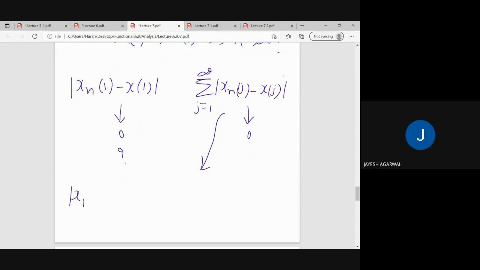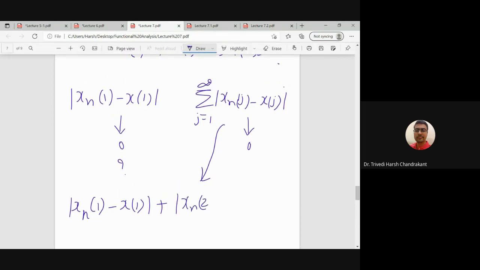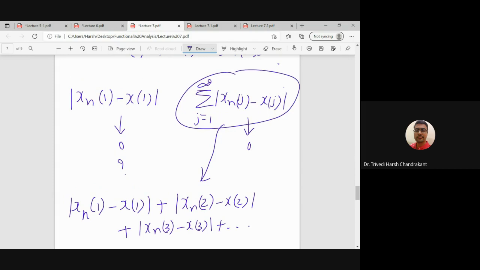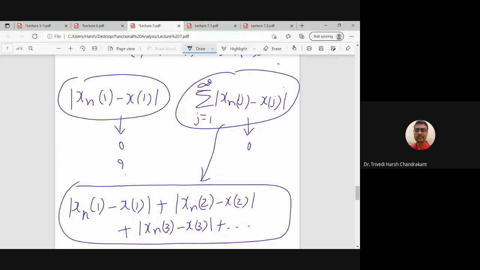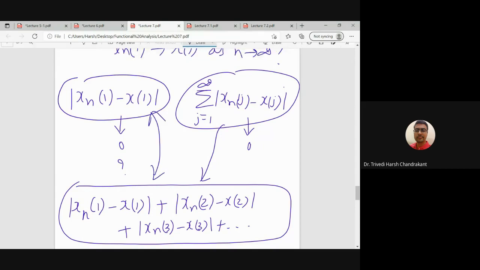If we take j is 1, then this is this term. What is the second term? Right. So now this series is this summation. What can we say about this one and this one? How they are related?